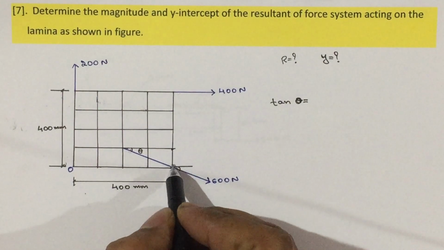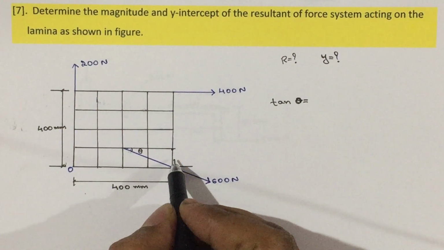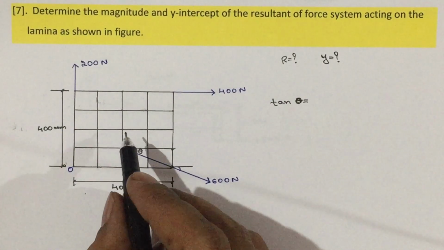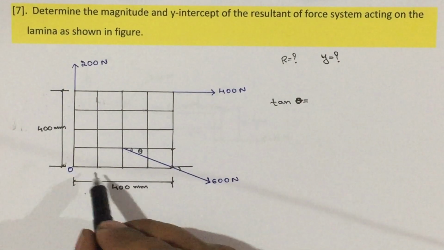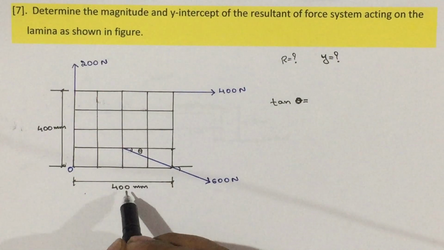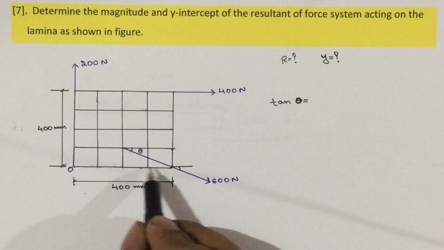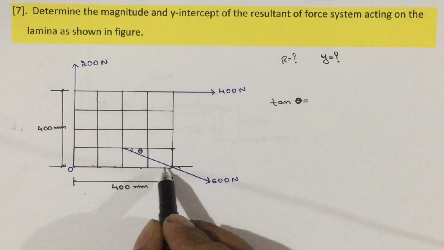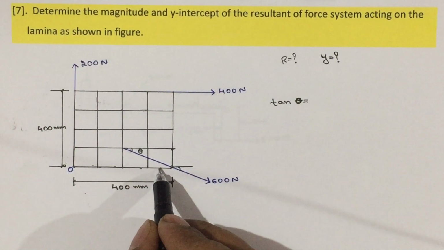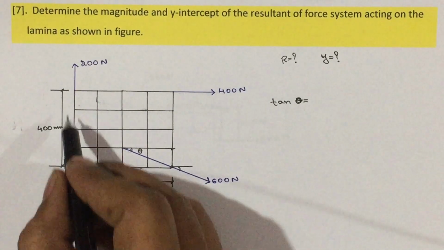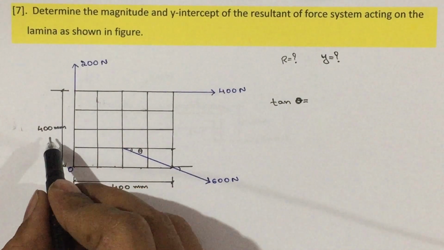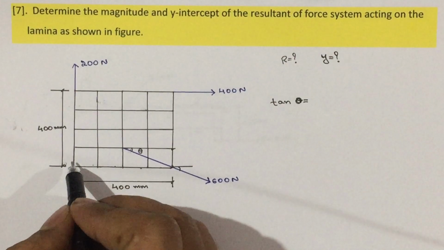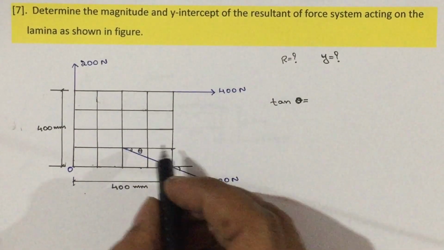The dimension is not given directly, but these boxes are equal boxes. Therefore, this side's total length is 400 mm. We have 4 faces, so 400 divided by 4 is 100. Each box side is 100 mm, and in the vertical side the total length is 400 mm and 4 sides are there, therefore each side will be 100 mm.